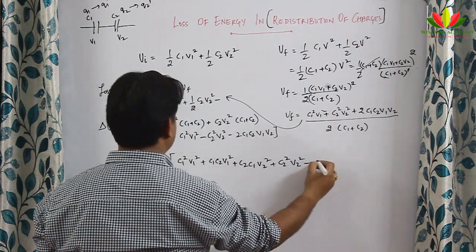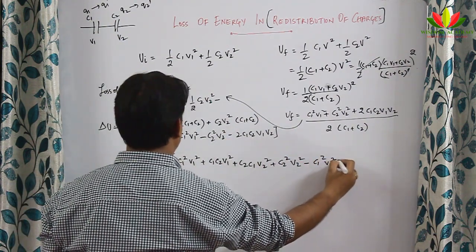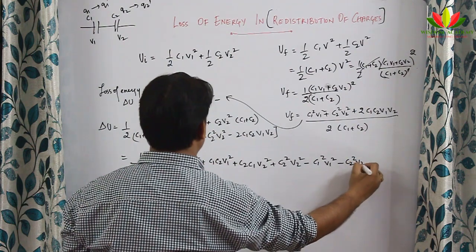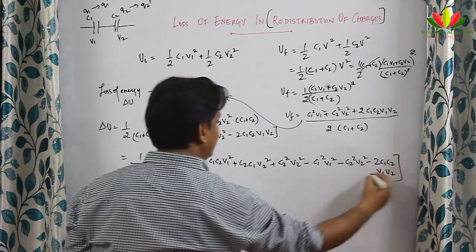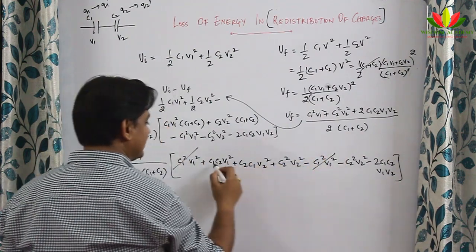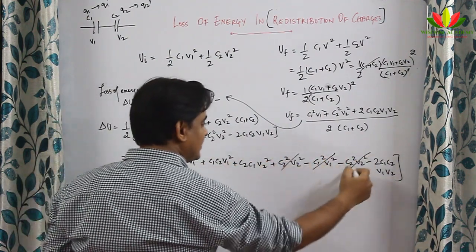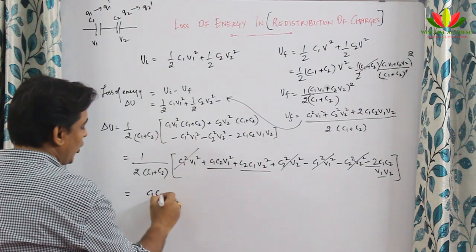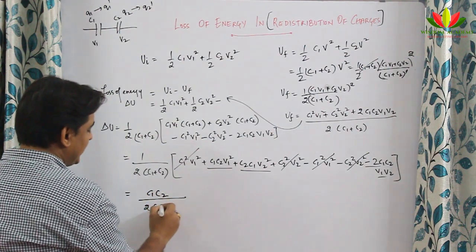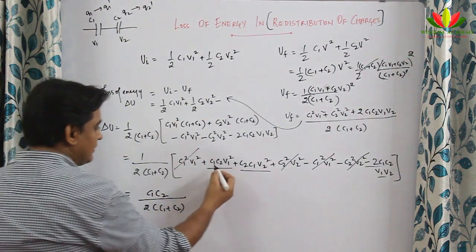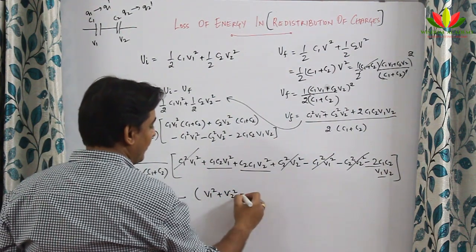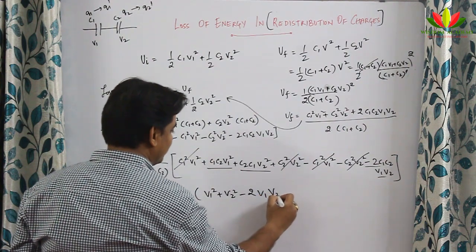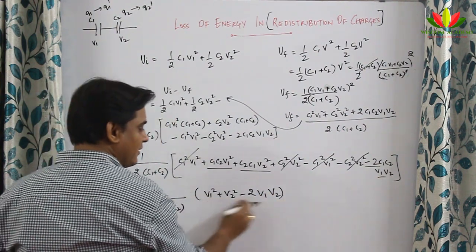So, I will have minus C1 square V1 square minus C2 square V2 square minus 2 C1 C2 V1 V2. Then you will see this term gets cancelled, and this term gets cancelled. So, if I take C1 C2 common outside, what will be remaining here? Let us check that. C1 C2 comes outside, it will remain as V1 square plus V2 square minus 2 V1 V2. This becomes V1 minus V2 the whole square.